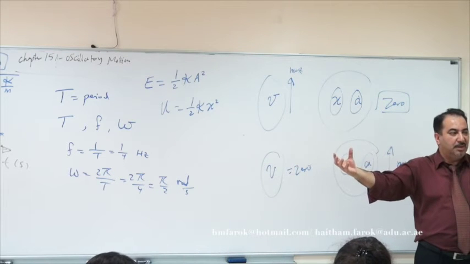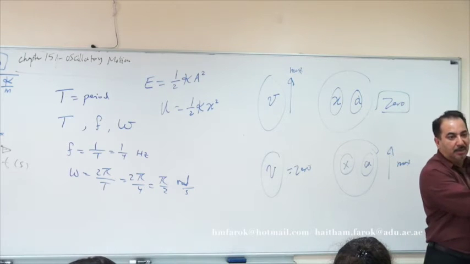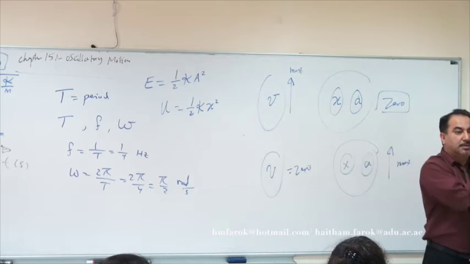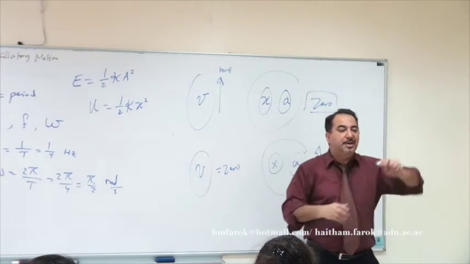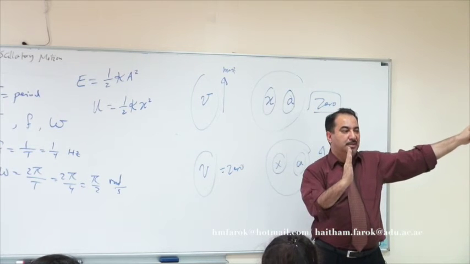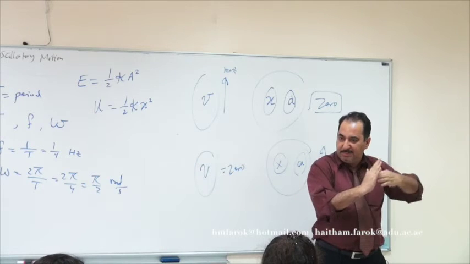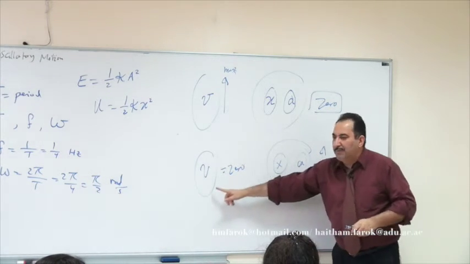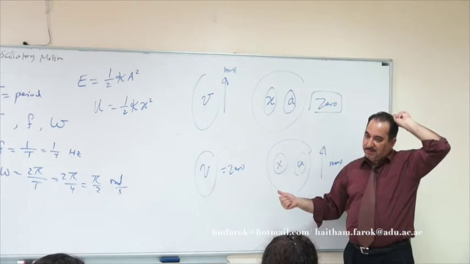But the acceleration means change in velocity. When it stops, it means it was going to the right, stops, and turns to the left. So this is the highest acceleration, A max. What else? When you reach the extreme, how much is x? X maximum, amplitude, yes? X max.